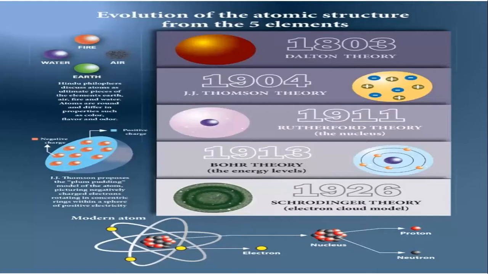It was started by John Dalton, followed by several scientists who conducted several experiments. Some scientists discovered the electron, some discovered the proton, and some discovered the neutron. After combining all the conclusions of the experiments, we got this final understanding of the atom.